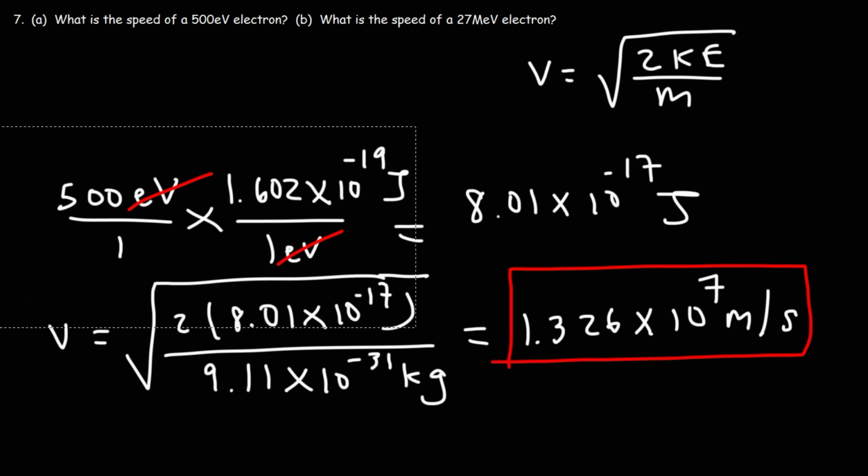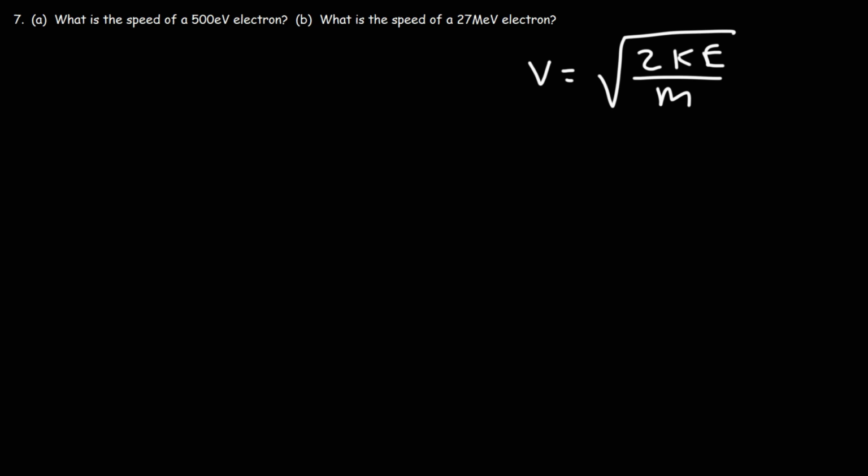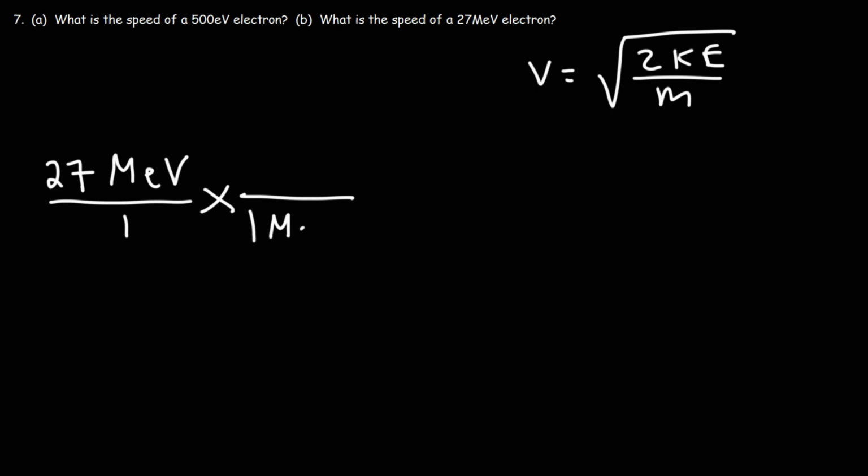Now let's move on to part B. So first, let's start with 27 mega electron volts. Let's convert that to electron volts. Mega is 10 to the 6. So 1 mega electron volt is 1 times 10 to the 6 electron volts. A kilo electron volt is 1,000 electron volts.